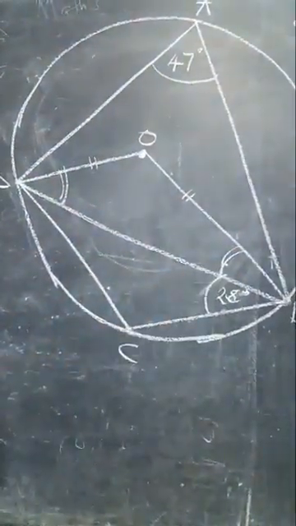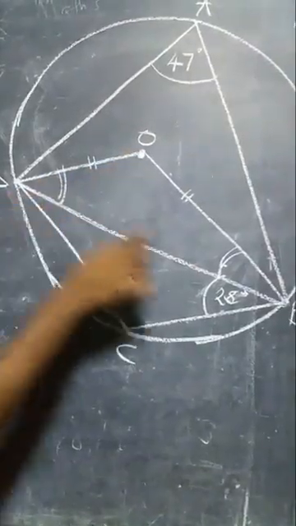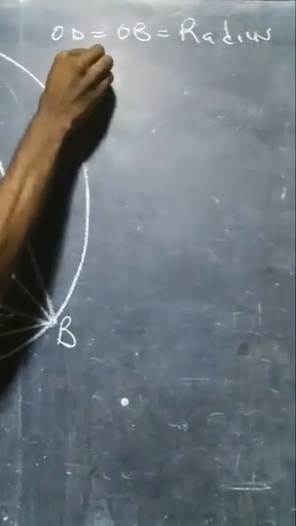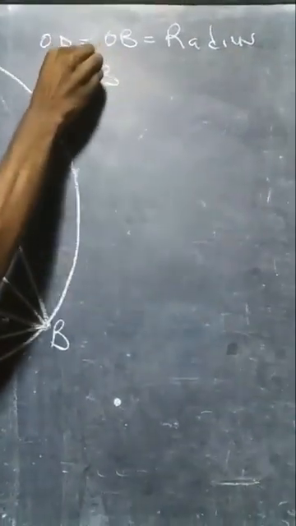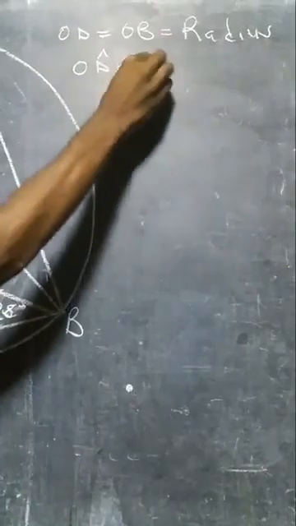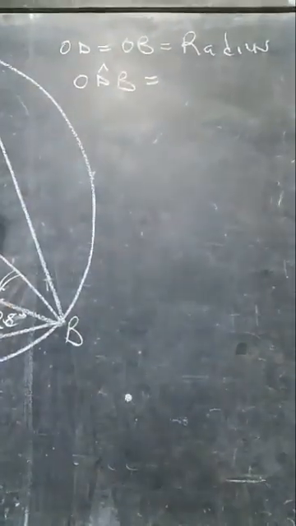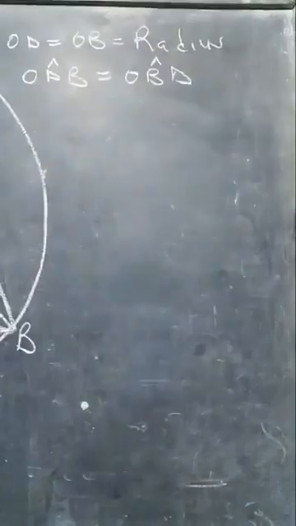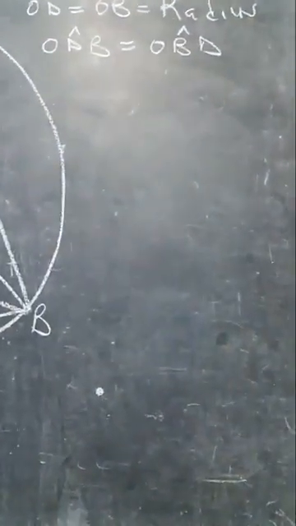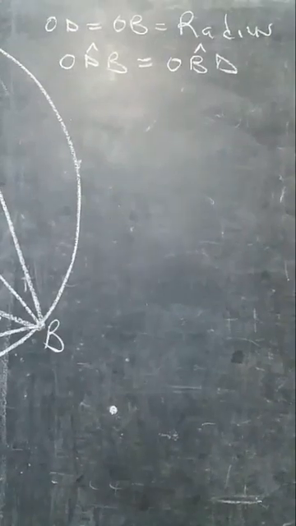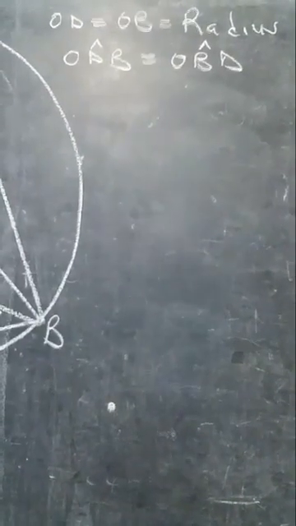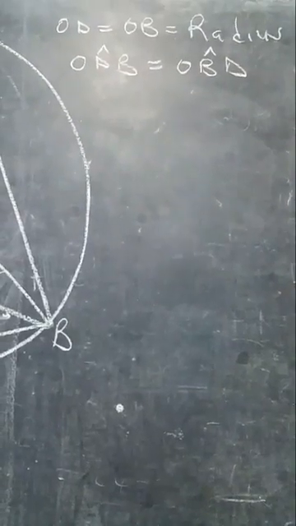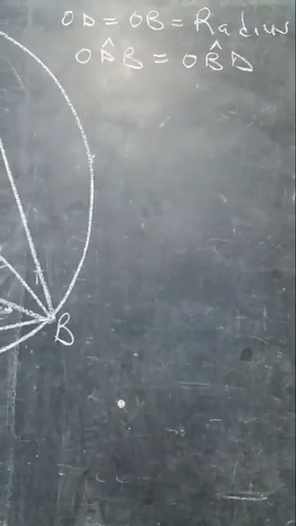So angle ODB is equal to angle OBD. They are equal. That's number one rule. This is what is known as the radii rule. Base angles are the same.